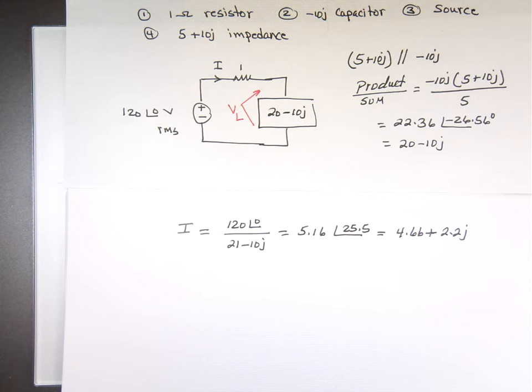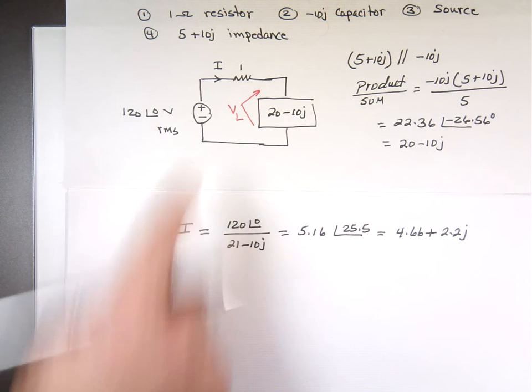Right now I can tell you the average power, the complex power absorbed by the 1 ohm resistor and the source from that value.